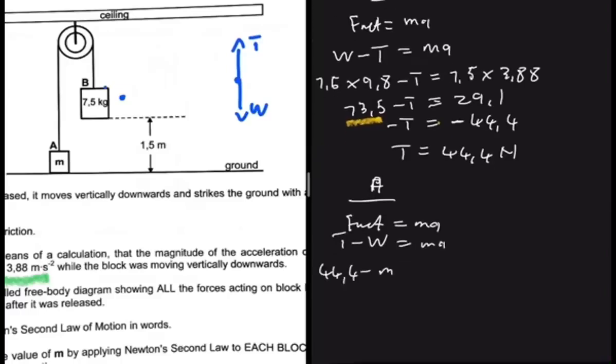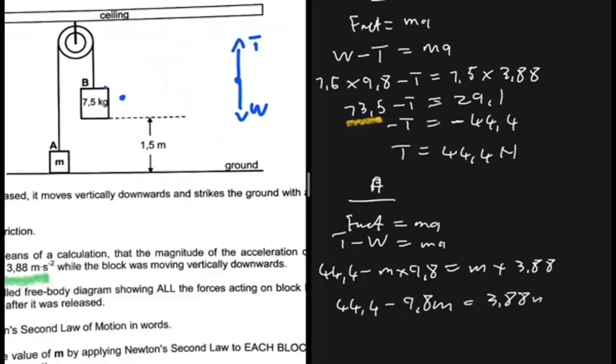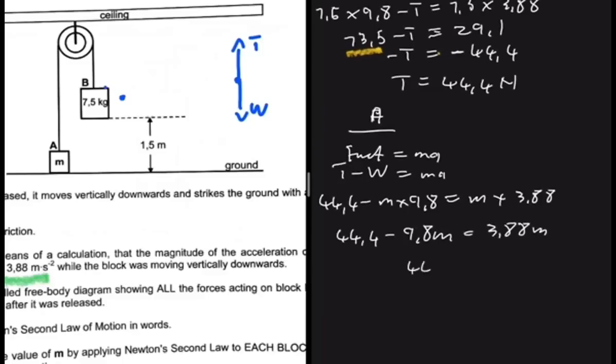The weight should be M multiplied by 9.8, is equal to the mass multiplied by the acceleration, which is 3.88. Right, so we're going to have 44.4 minus 9.8M is equal to 3.88M. It's easy to see that we're going to have 44.4 is equal to, so we take this term to the right hand side, so that is 3.88 plus 9.8, which is equal to 13.68M.